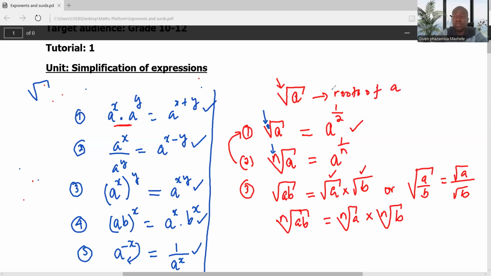But it's not true when you add or subtract. For example, the root of a plus b is not the same as the root of a plus the root of b. It's not the same thing. Let's say you have the root of 2 plus 4.